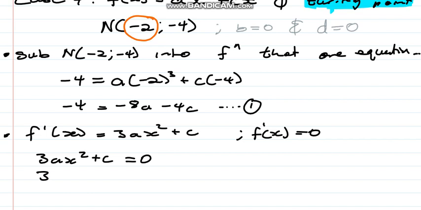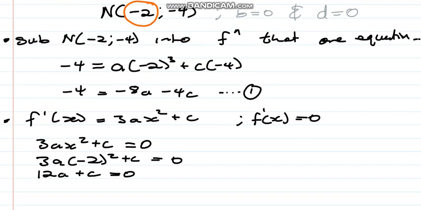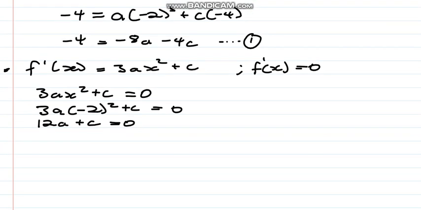So if we do that, we say 3a times minus 2 squared plus c is equal to 0. What is minus 2 squared? That's 4. 4 times 3, that's 12a plus c is equal to 0. Now that is our second equation.